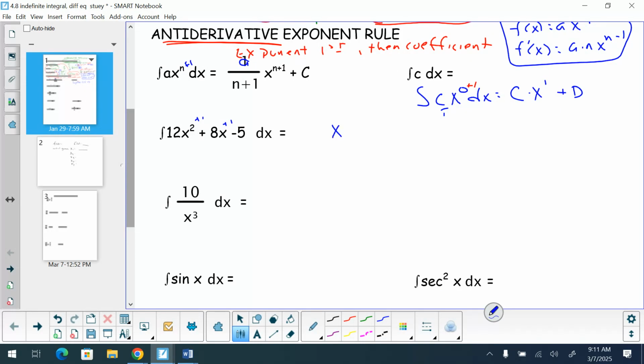So we have x to the 3rd. And this new exponent, you divide your coefficient by. So this new exponent that we have, this value here, goes on the bottom.